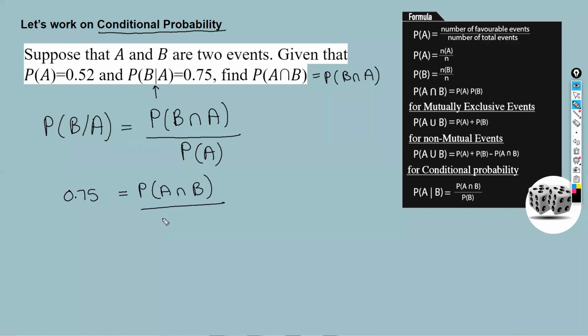And P(A) is 0.52. So we could just simply what? Cross multiply. Anything by 1 is itself. And if we multiply these two, 0.75 by 0.52, let me see what I get. I get exactly 0.39. So the probability of A and B happening is 0.39.